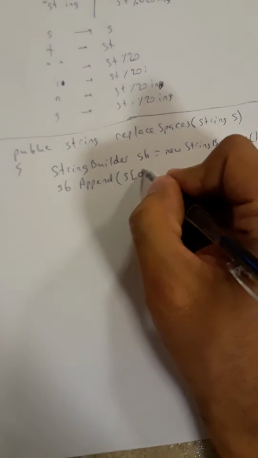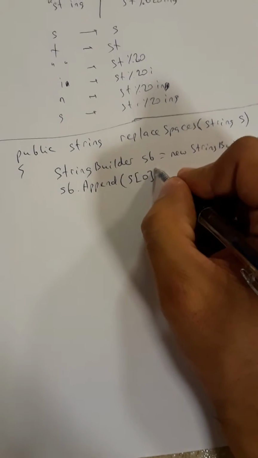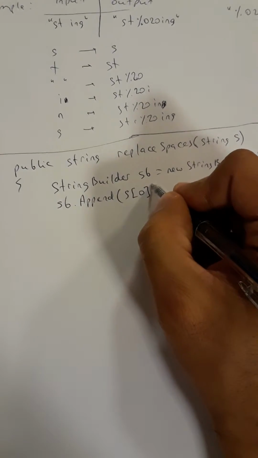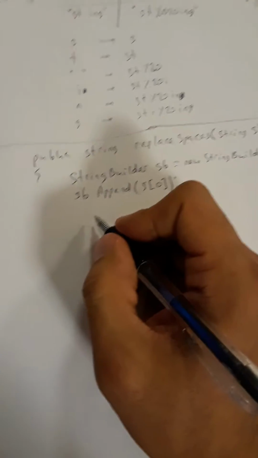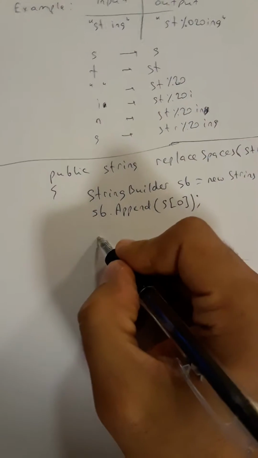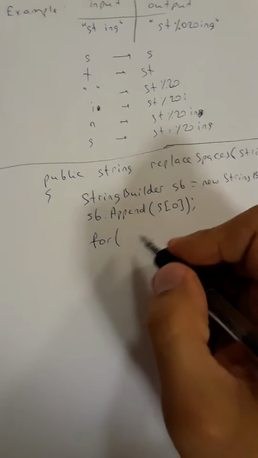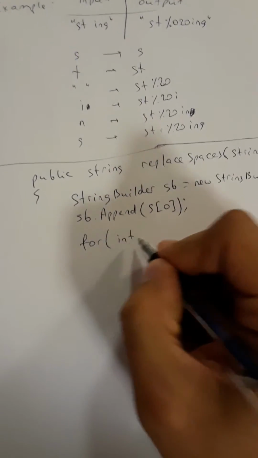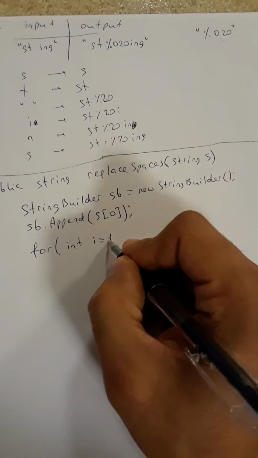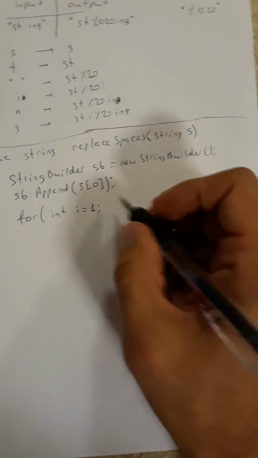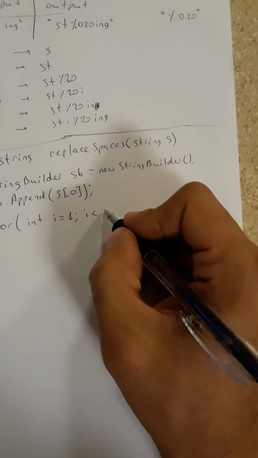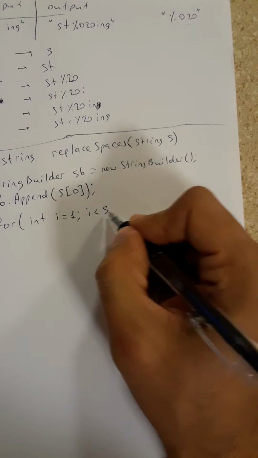So first character, and then I will use a for loop, saying that the starting point will be index number 1, since we already appended the first element, and I will go until it reaches the end of the string.